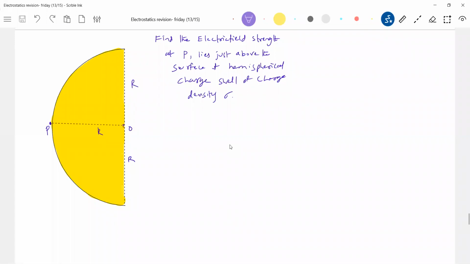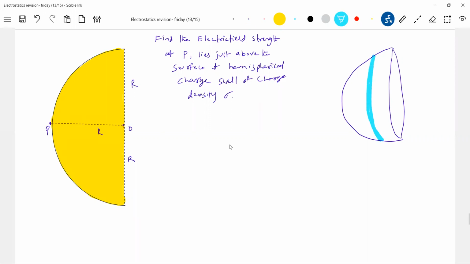Now, what should be the procedure? What shall I follow? Don't say, "Sir, I'll assume a ring. I'm very good in integration, so I'll assume a ring." You should not do that here.